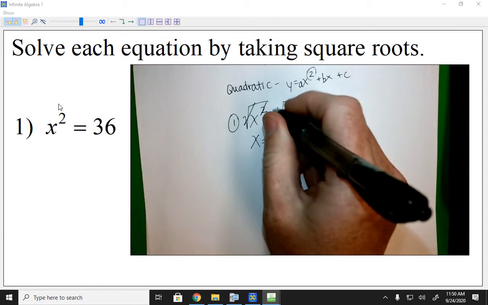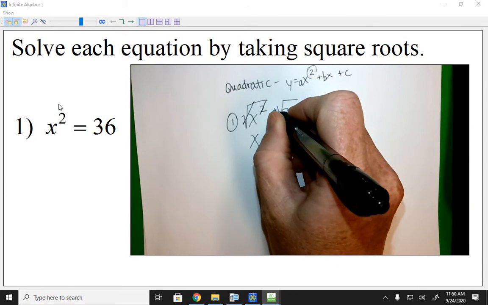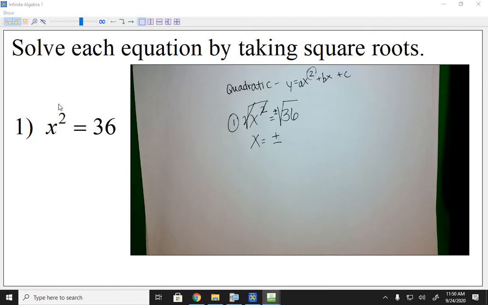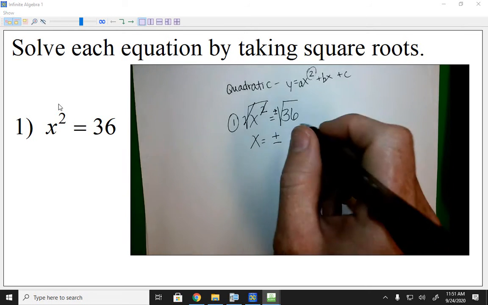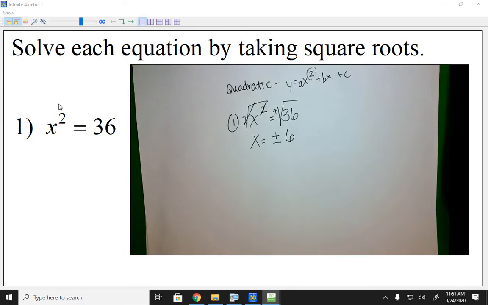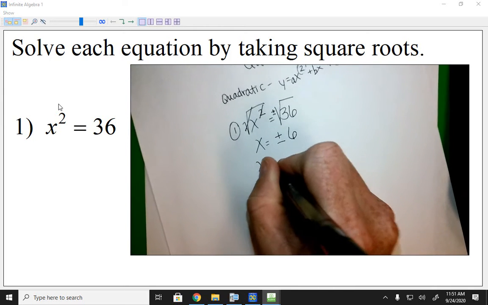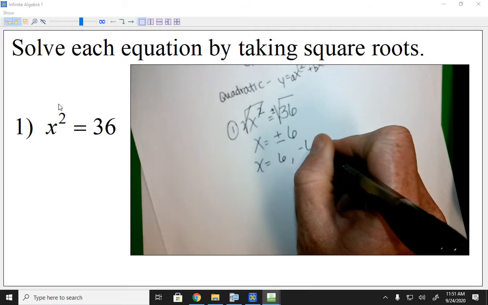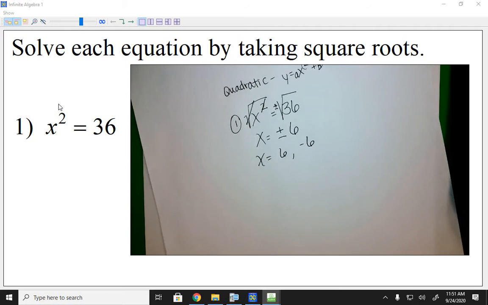Okay, so when I take this square root, I should have a plus or minus out front, and then actually take the square root. And in this case, we got a perfect square root, so we have the square root of 36 is 6. Okay, now what this plus and minus sign does is it actually means we have a positive 6 and a negative 6 for an answer.